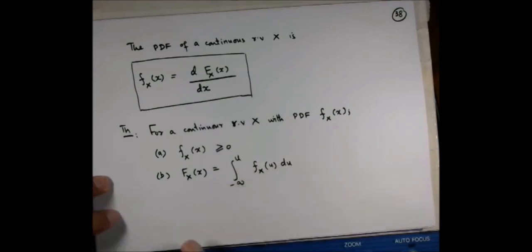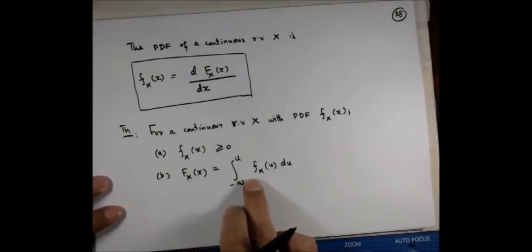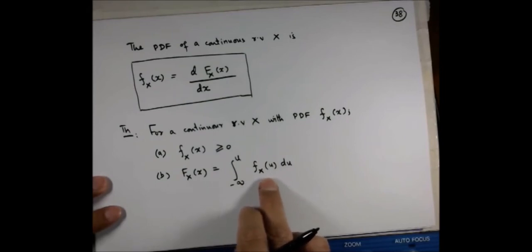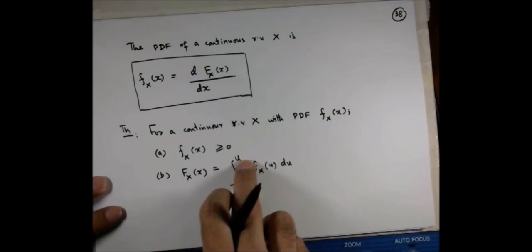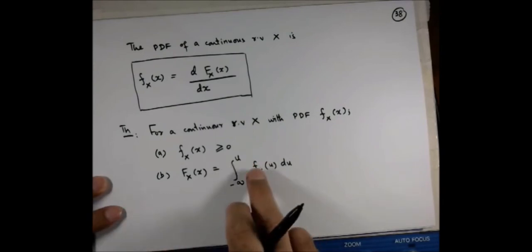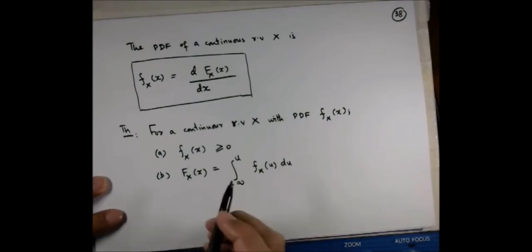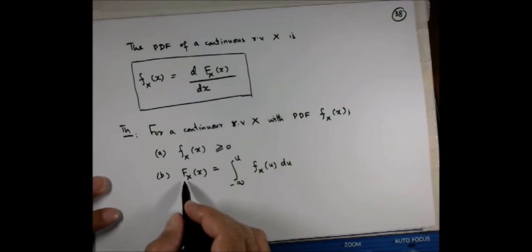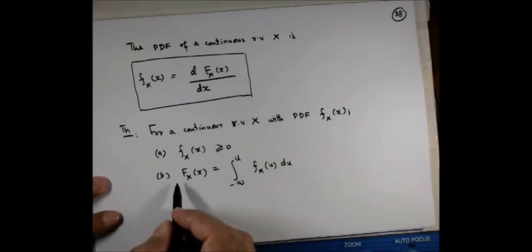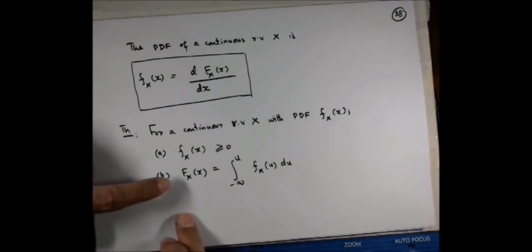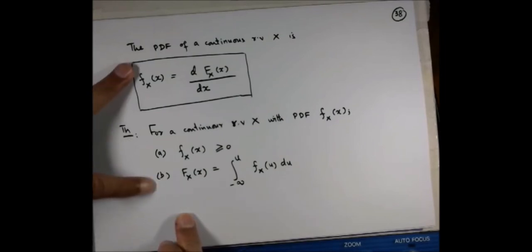So you add up all the probability distribution from minus infinity onwards till this value u. You have added up, or integrated, all those probabilities, so you get the CDF of x. This is very obvious. And now you see the relation between this and this.